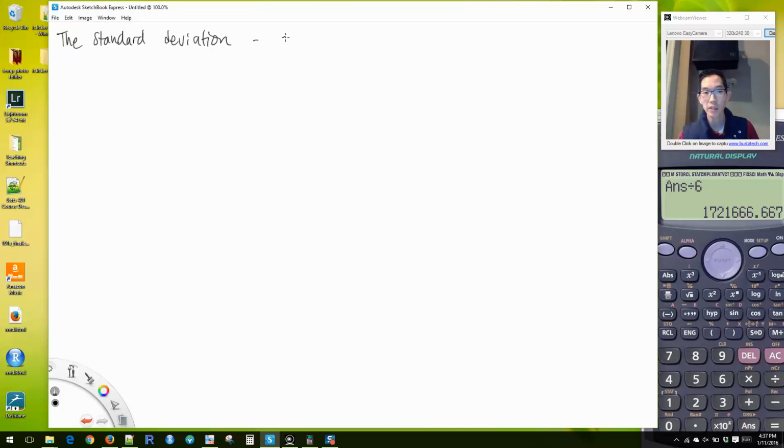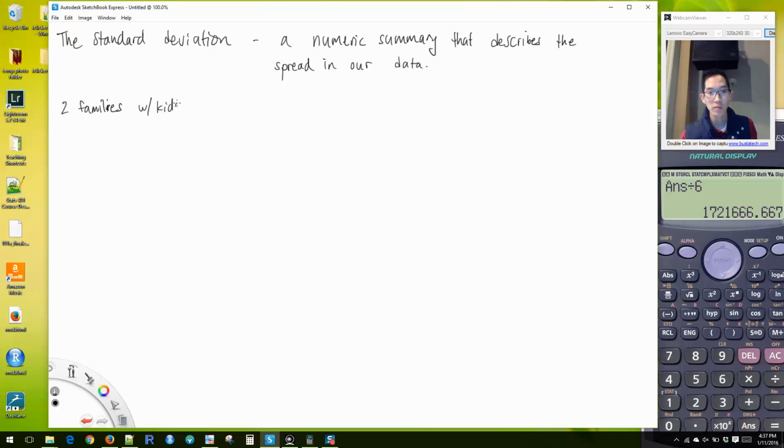This is a numeric summary that describes the spread in our data. So what do we mean by spread? Let's imagine two families of kids. Two families, both of them have 4 kids.